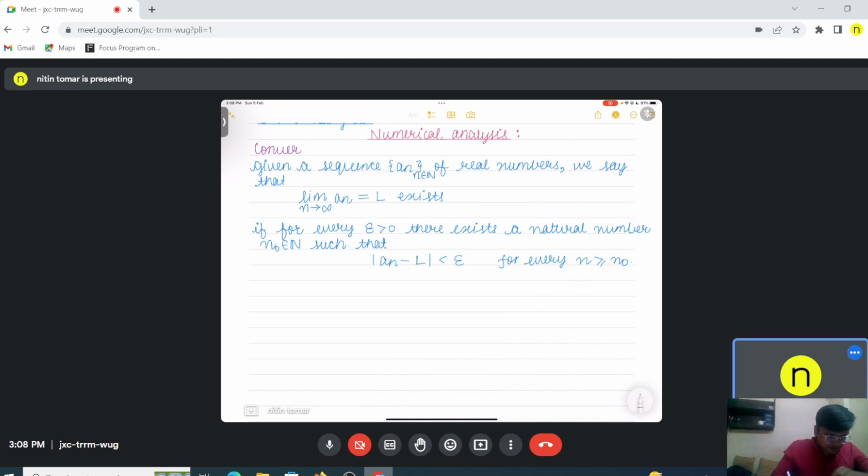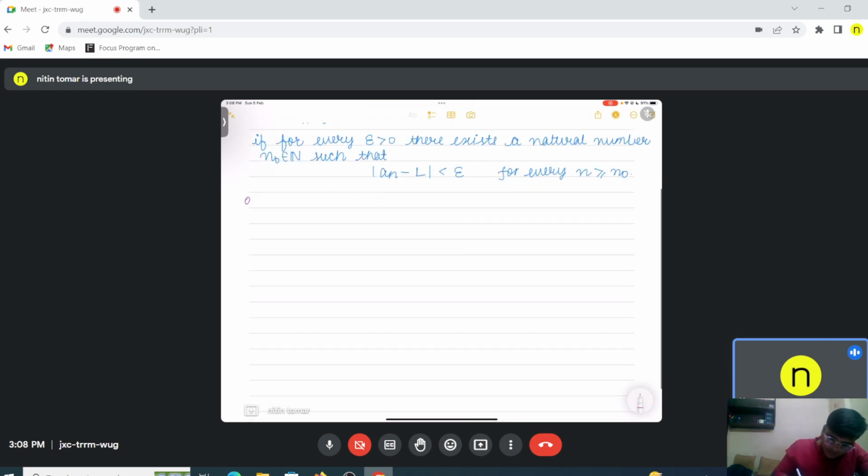Convergence of a sequence. And the similar epsilon definition we use to define the continuity of a function.